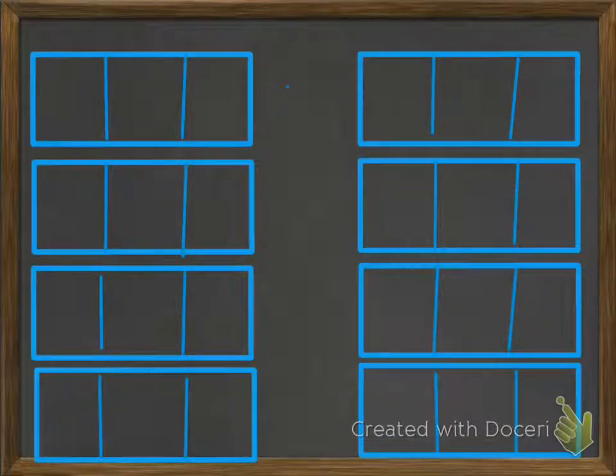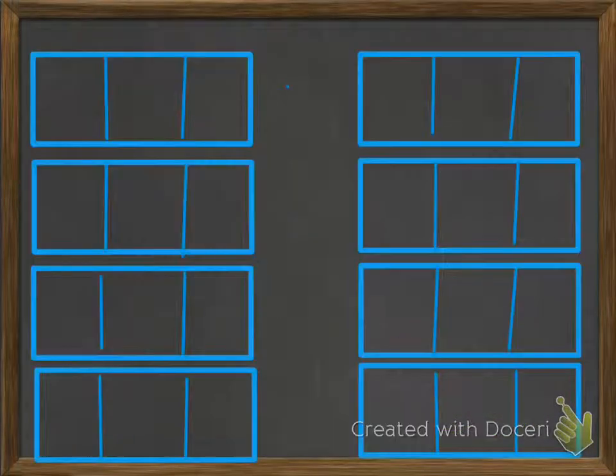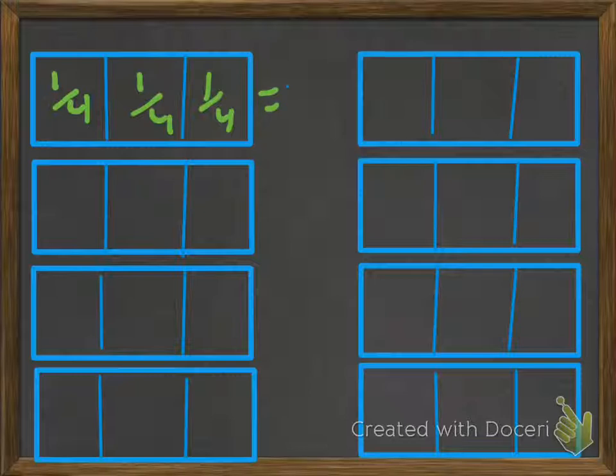Well, the easiest way is to go ahead and set it up like this. Since we know we're talking about fourths, for each gallon we need 3/4. That's 1 gallon, 2 gallons.